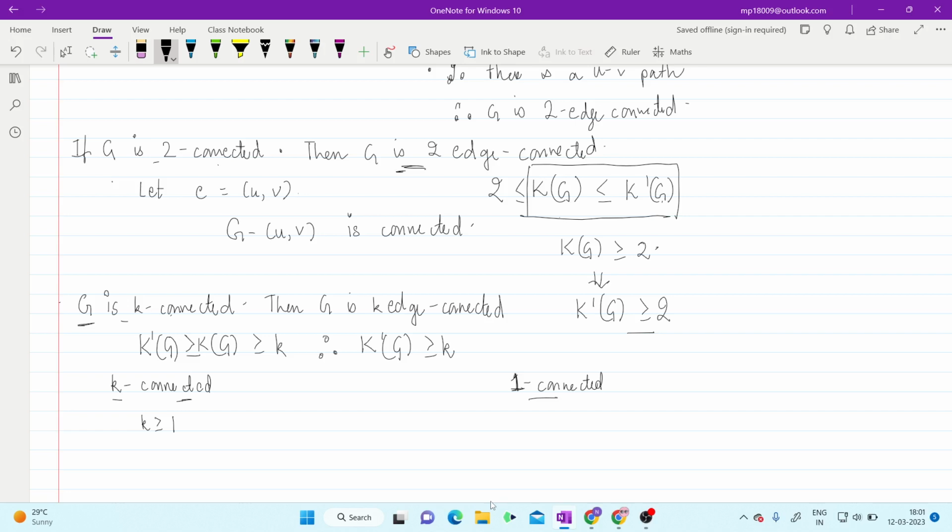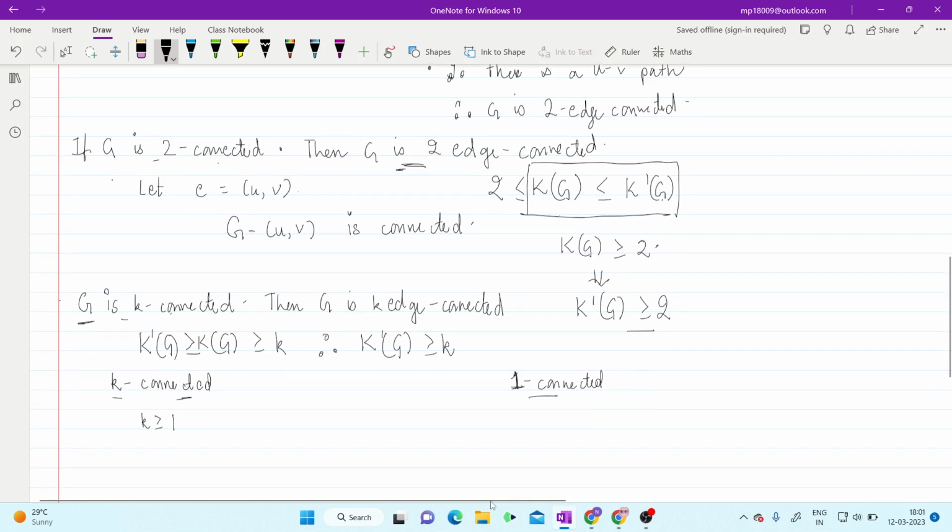A path is one edge connected, and similarly one connected. One edge connected graph will be the graph with edge connectivity 1.